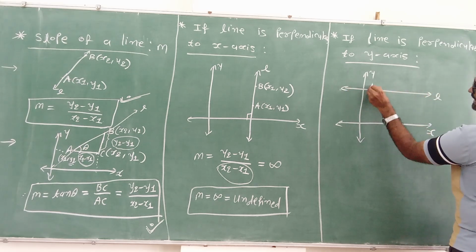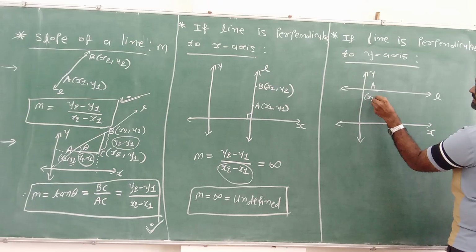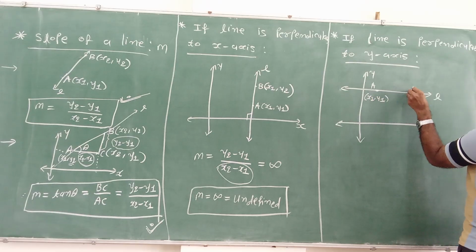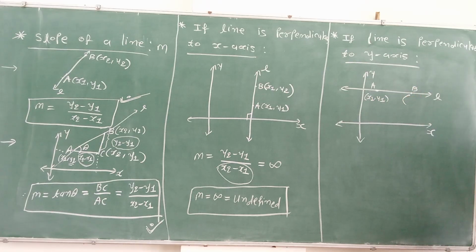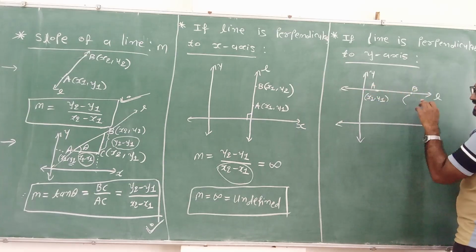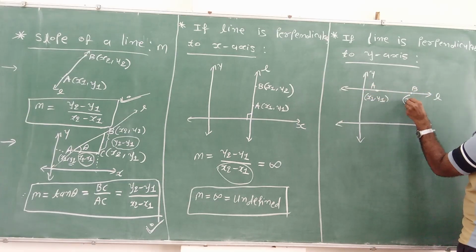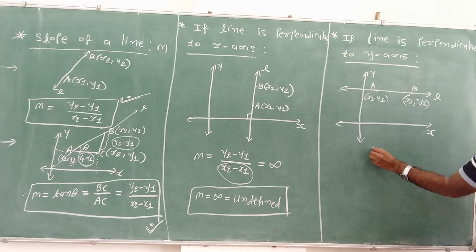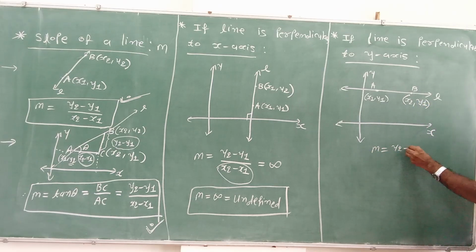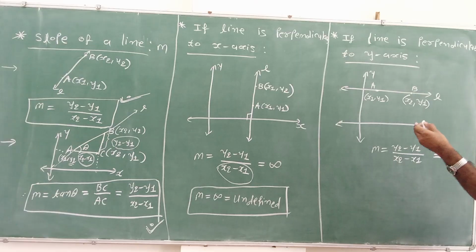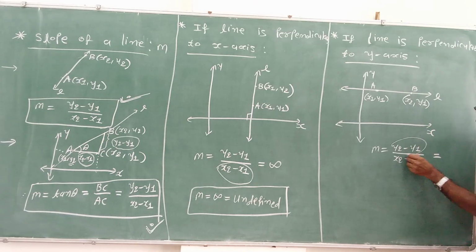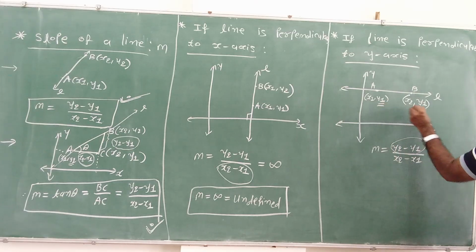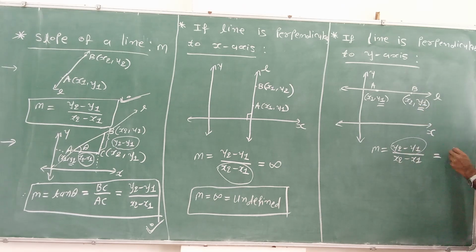Suppose we have two points, A (x1, y1) and another point B, on the same horizontal line, so the y components are the same. The x component changes: x2 and y1. If you put the values in m equals (y2 minus y1) upon (x2 minus x1), the numerator is y1 minus y1, which is 0.